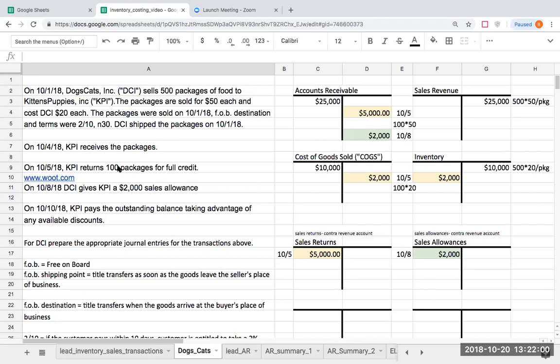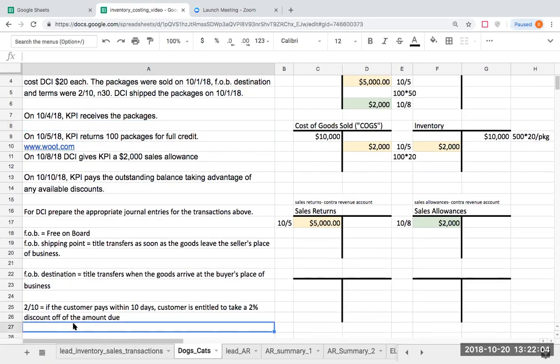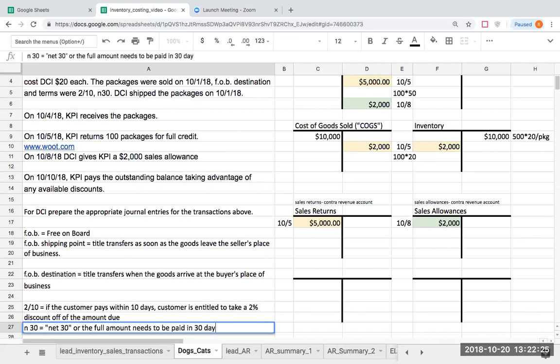So let's take a look at the rest of this. So 2/10, if the customer pays within 10 days, they're entitled to take a 2% discount off the amount. What does N30 mean? This is net 30, or the full amount needs to be paid in 30 days.